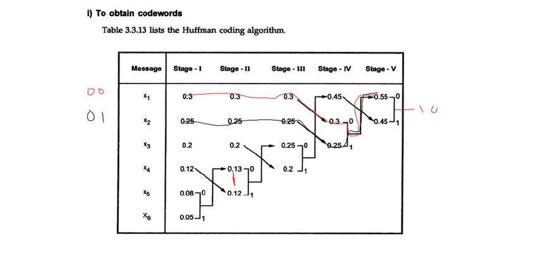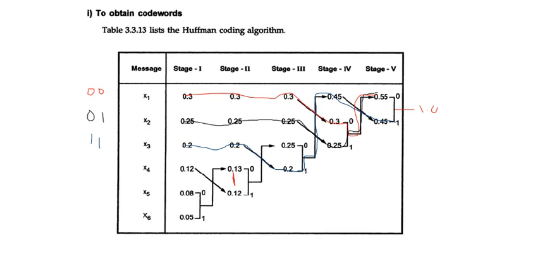Now x3, if I trace, I will find a path something like this. It is a very long path. If I read from right to left, it is 1 1, that's all. So x3 is assigned the code word 1 1. And next the x4 path.